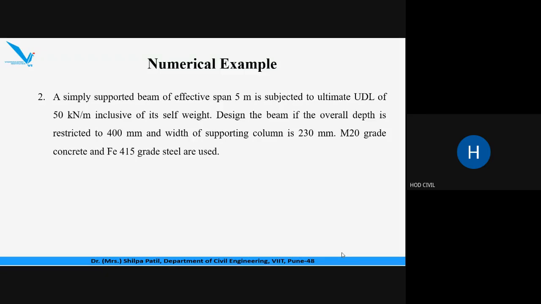In the problem we have solved right now, we used 40 kilonewton per meter load. Now it is increased to 50 kilonewton per meter. So for that increased value, we have to design the beam. Is it over, students? Yes, ma'am.